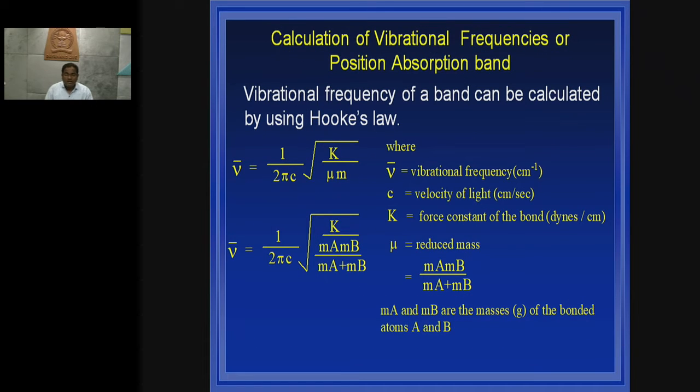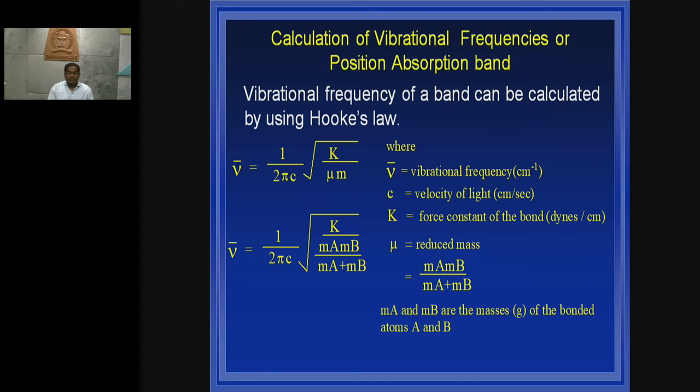The next point is very important for this spectroscopic technique, IR spectroscopy, that is the calculation of vibrational frequencies, or the position of the absorption band. It is very important to calculate frequencies for a typical bond. For this purpose there is one formula: nu bar equals 1 upon 2 pi c, under root k upon mu.